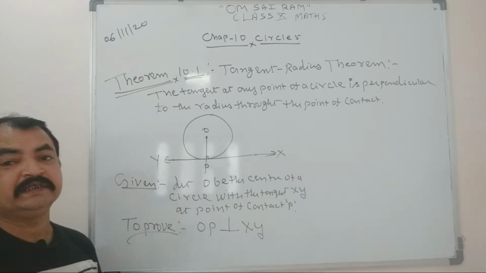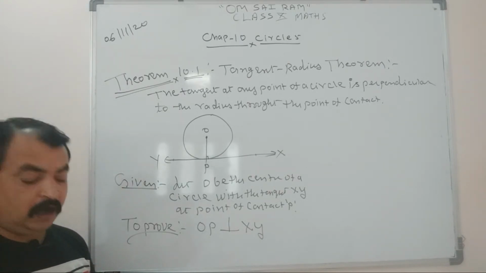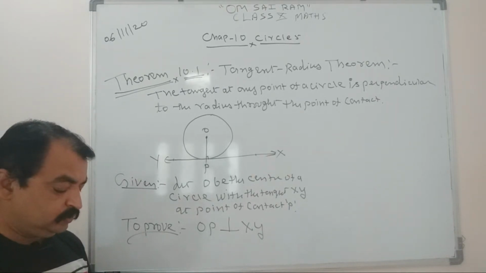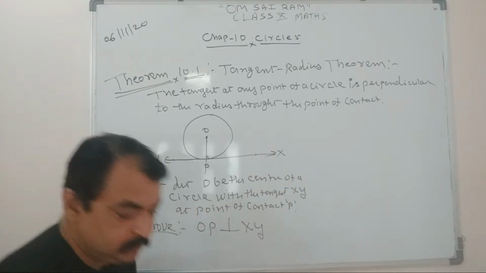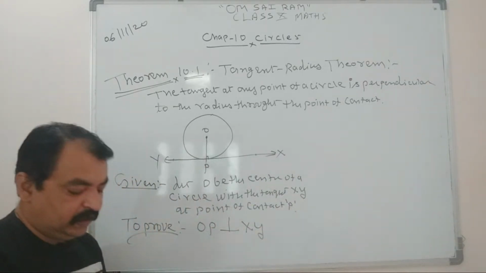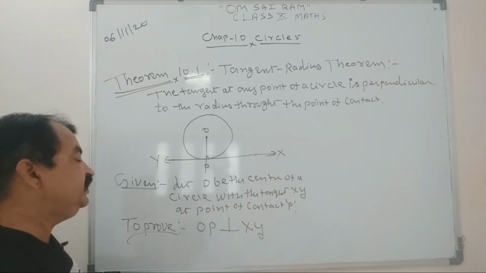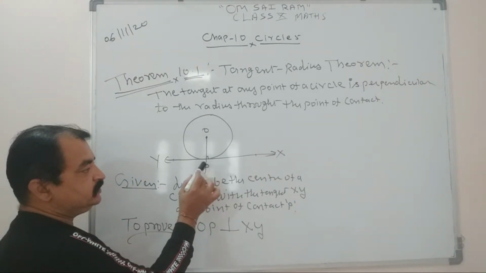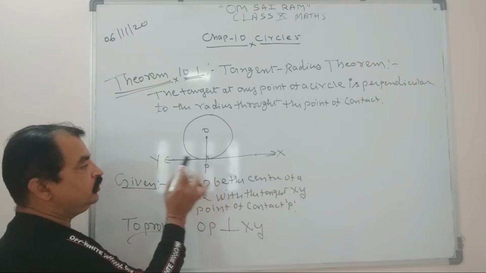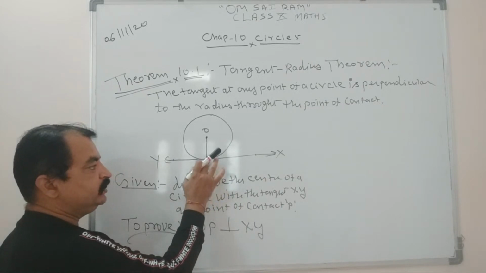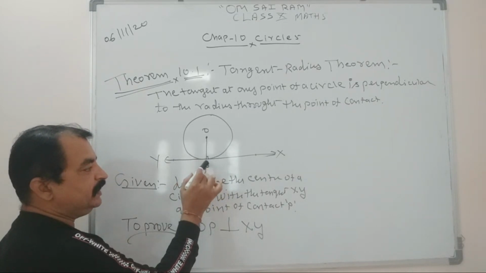Now see children, to prove this theorem we don't have a mathematical expression, only an argument. First I'll explain the argument, then I'll do the writing work. How would you make the argument to prove that OP is perpendicular to XY? See children, there is only one point P on the tangent XY which is common to the circle and the tangent.